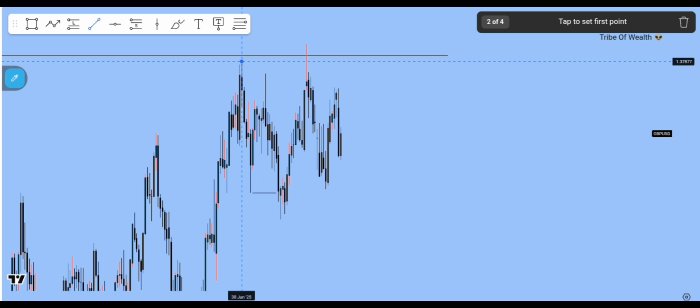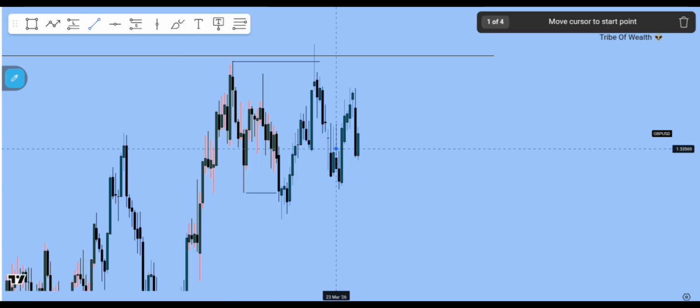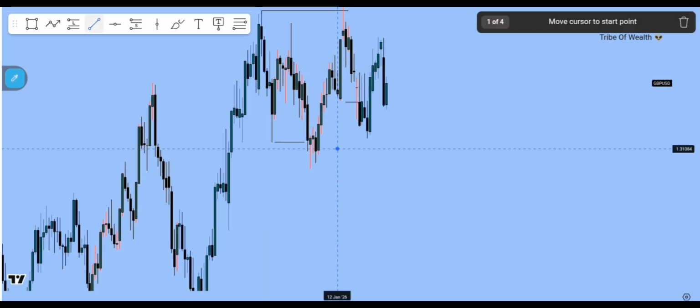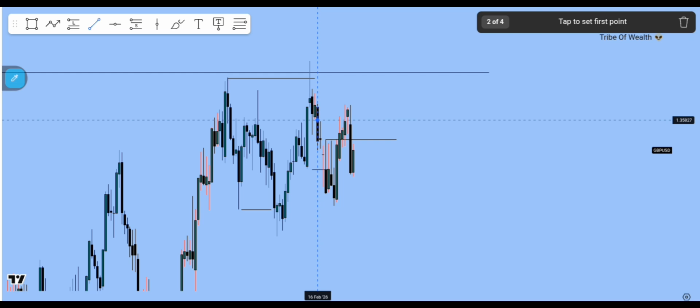After the sweep, it also gave me a market structure shift here, a liquidity here, and then price took it out, started to react and came into this other block as I said.